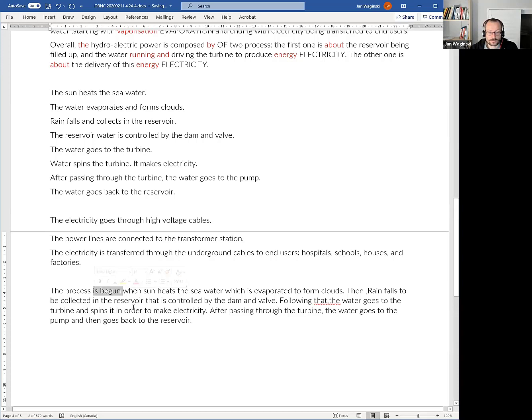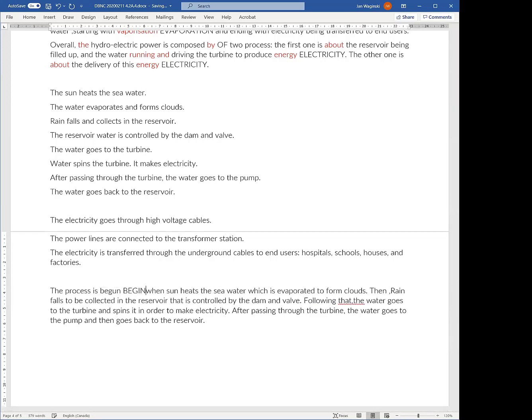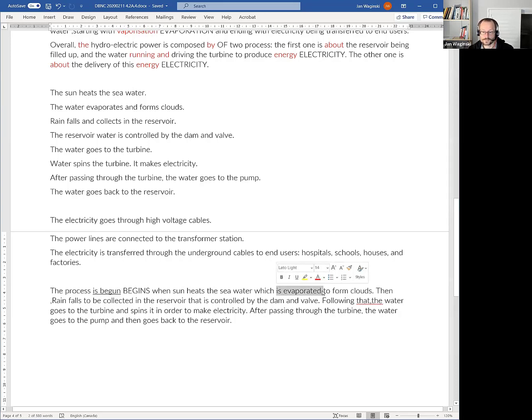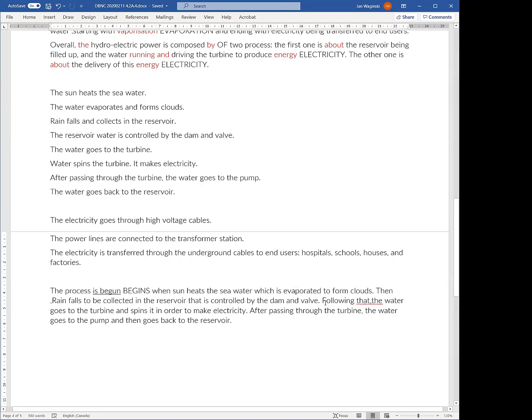Active would be better. Yeah, begins. Mr. Yan, the last part I combined the two sections, so you can take the lower part. Okay. The last one. All right. Which is evaporated. Same thing here. Which evaporates to form clouds. Okay.